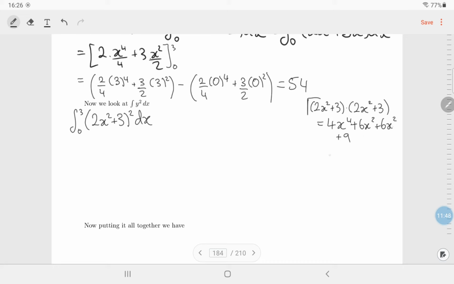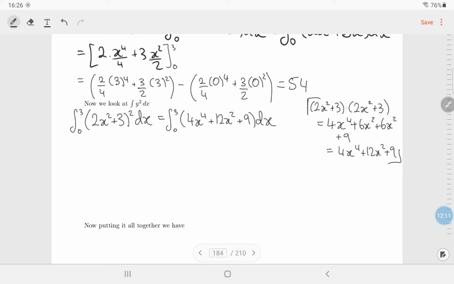So you end up with 4x to the 4 plus 12x squared plus 9. So that's a manipulation. So this is equal to the integral from 0 to 3, 4x to the 4 plus 12x squared plus 9 dx.